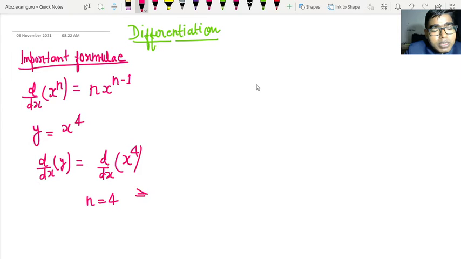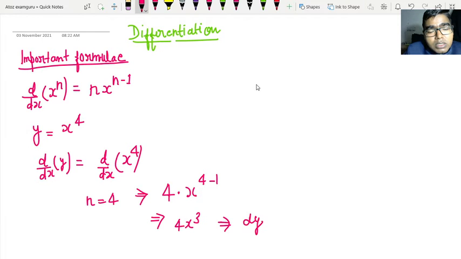Then simply write it as 4 into x to the power 4 minus 1, which means 4x cubed, and your d/dx of y is 4x cubed.